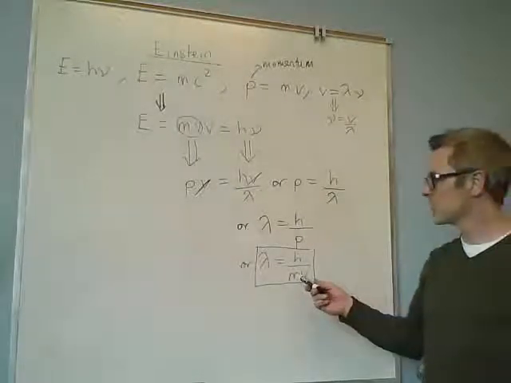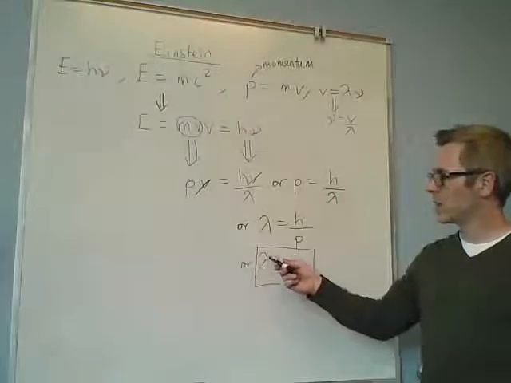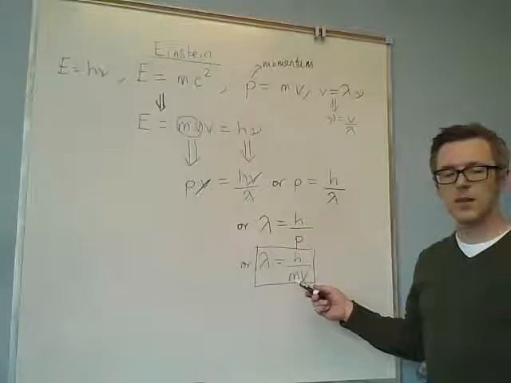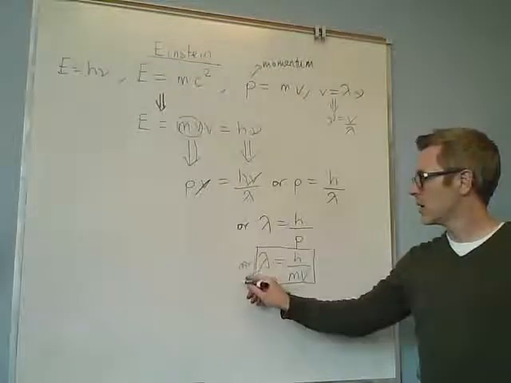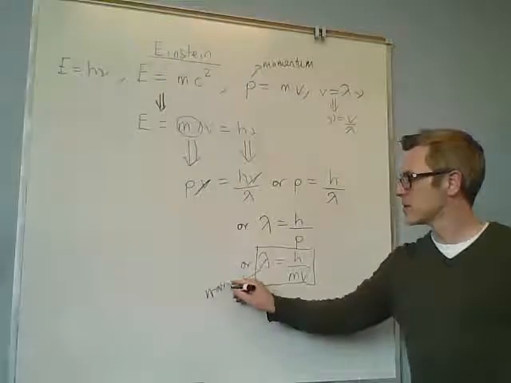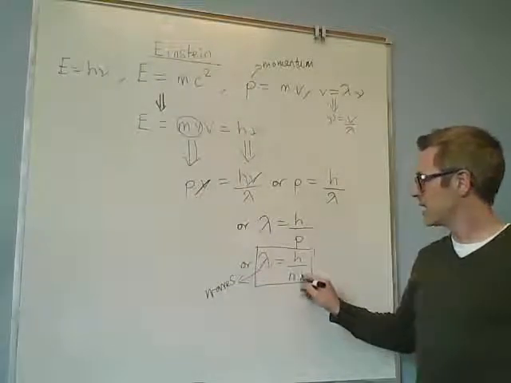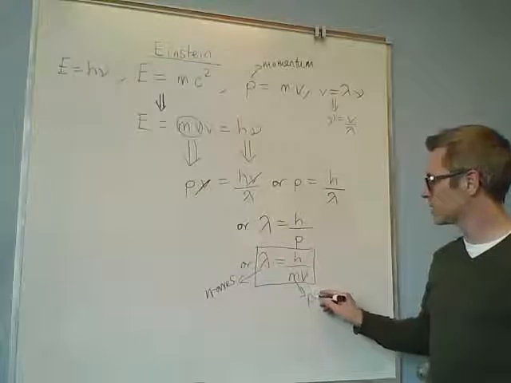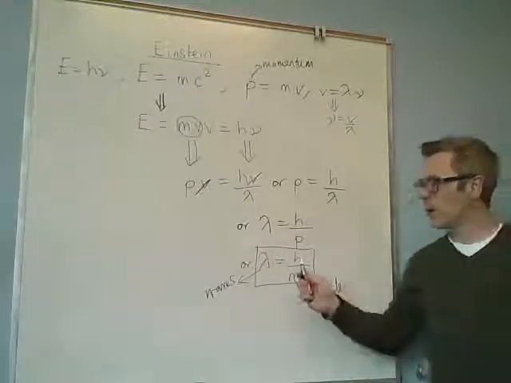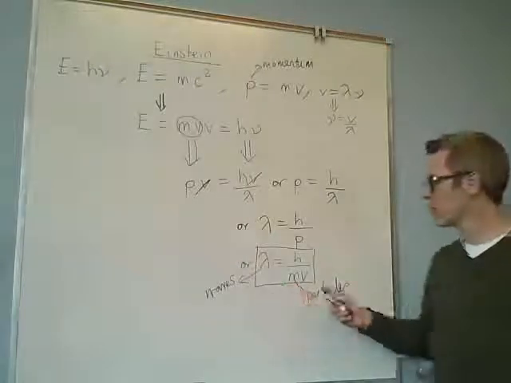We have an equation with a wave on one side of the equal sign and a mass on the other side of the equal sign. Well, the wavelength is typically used for waves, and mass is typically used for particles or objects. But we've got one equation that has both.